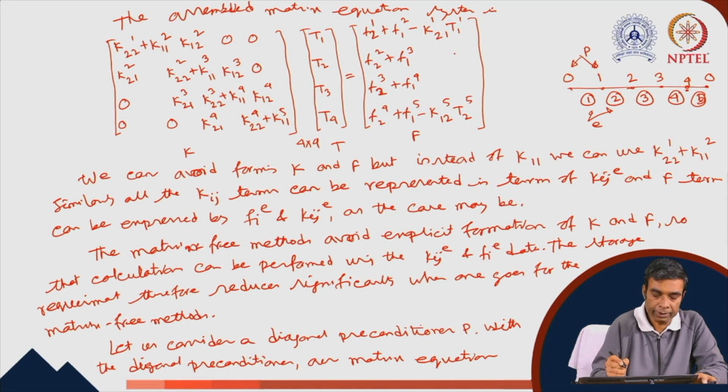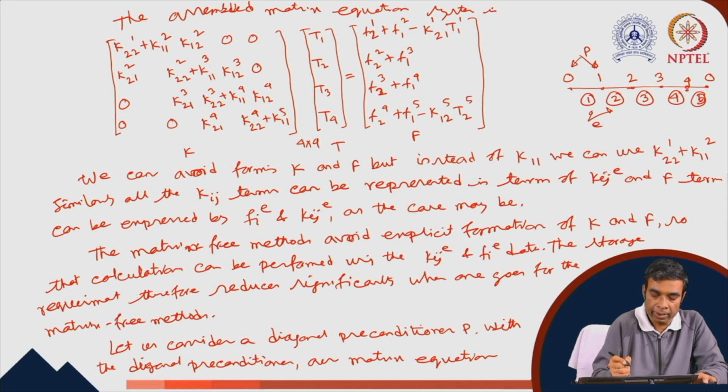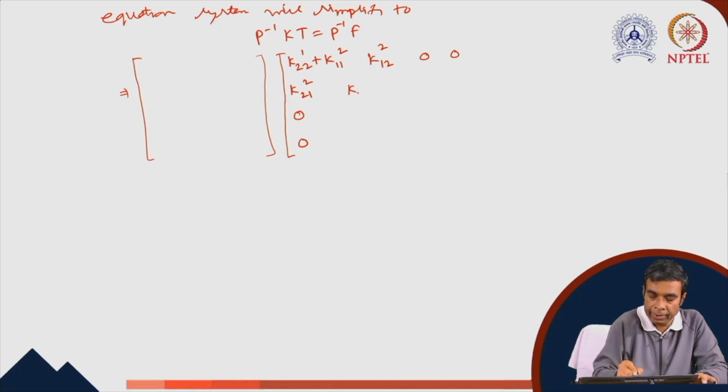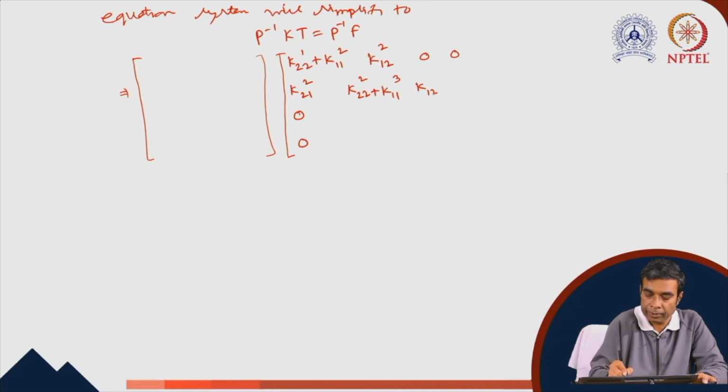In the second row it is K^2_12, the second diagonal is K^2_22 plus K^1_13, the next is K^1_23, 0.